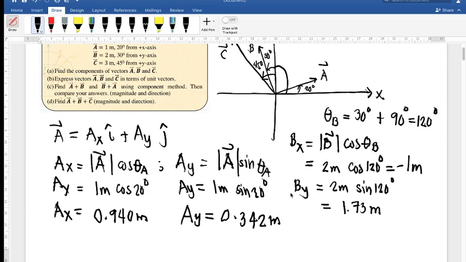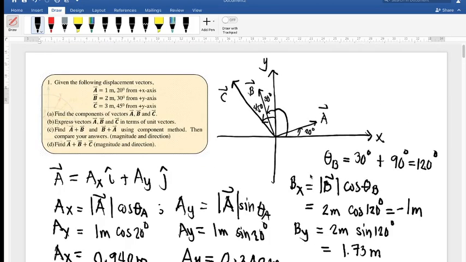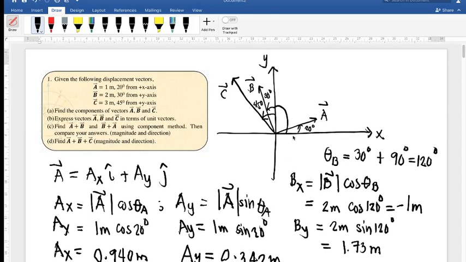So how about your vector C? Vector C is oriented at 45 degrees from the positive y-axis. Pero this one, again, is not a conventional angle. So what you're going to do is start from the positive x-axis, tapos ipo-point mo kung saan nag-direct yung vector mo.